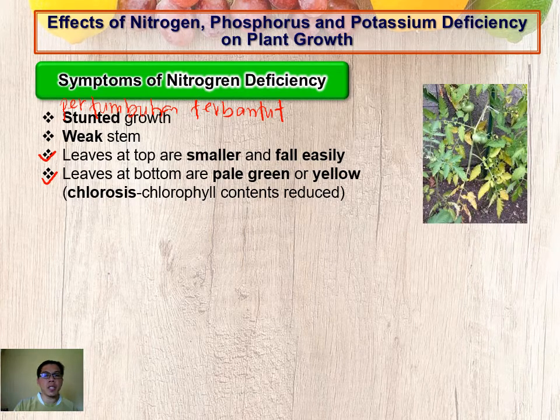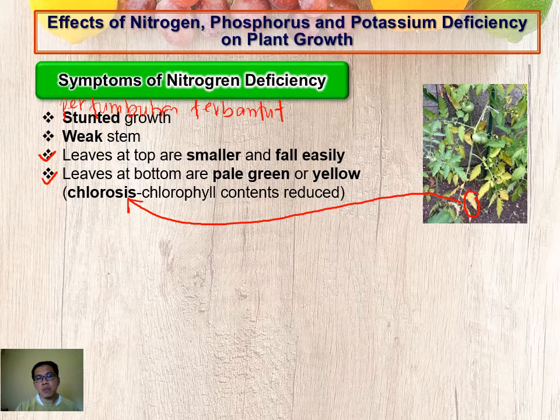Okay, this is the picture example of plants that are less in nitrogen. Okay, you can see here. Alright, nampak di sini yellow color. Okay, chlorosis. This is what we call chlorosis.